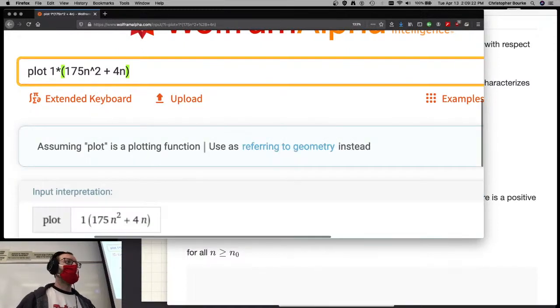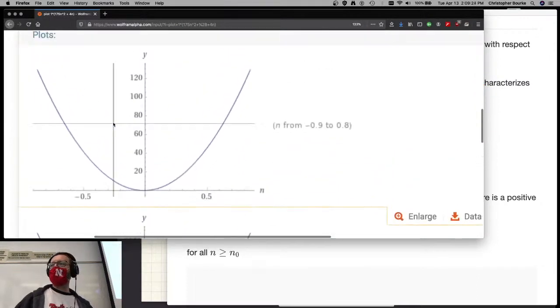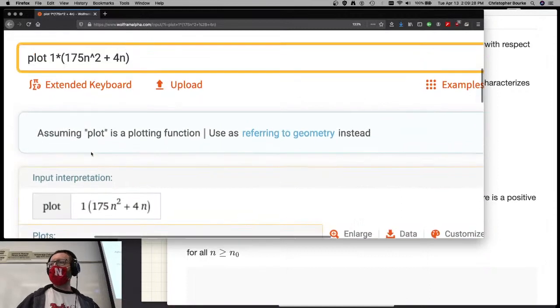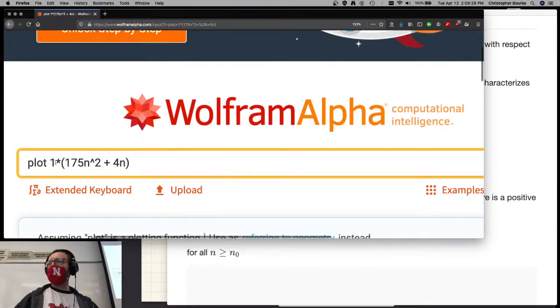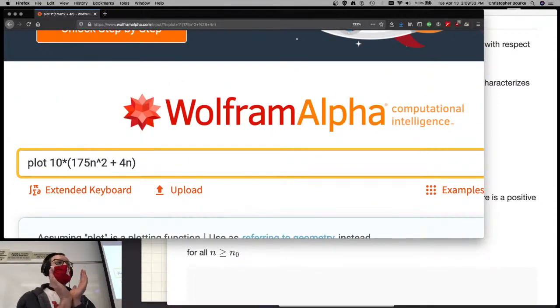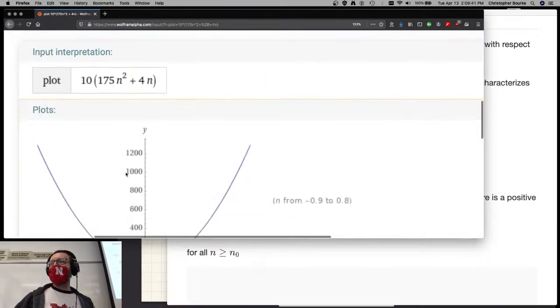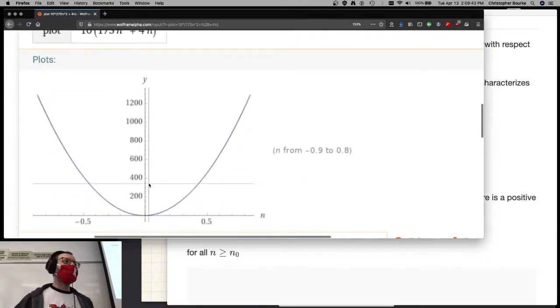Right? I get the parabola, like you'd expect. What if I multiply this by 10? Is it going to change it from a parabola into something that's not a parabola? Nope. The growth rate is going to stay the same, basically. In fact, the picture is not going to look any different, only the scale has changed.